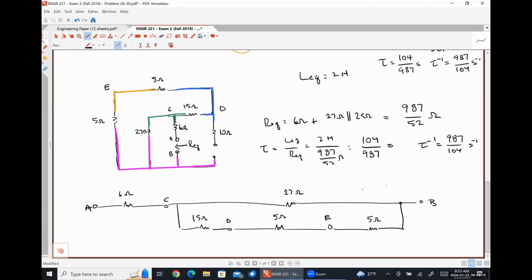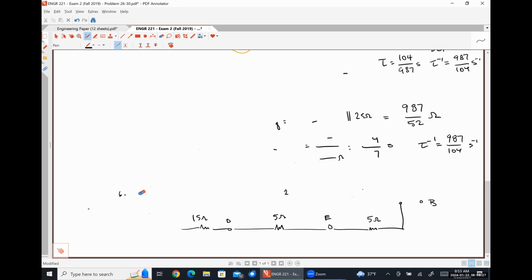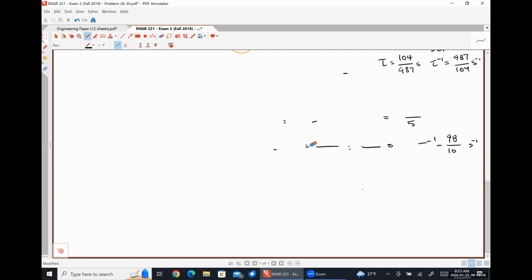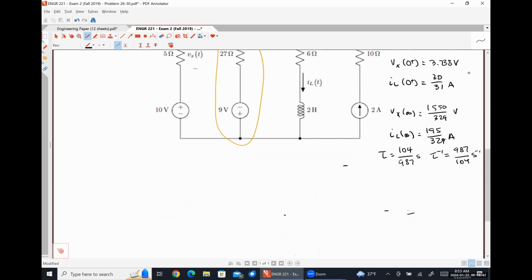So the last thing that we need to do is to plug stuff into our generic equation, and this part will explain why the inverse of tau is important. Okay. All right.